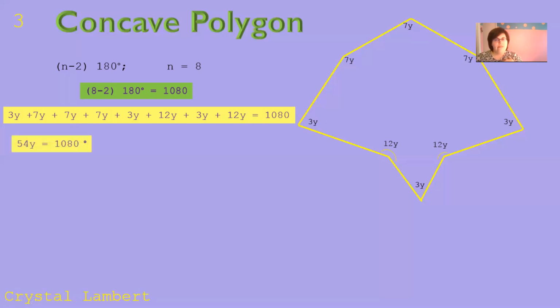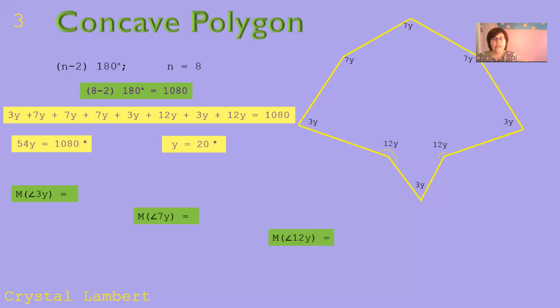we're going to get 54y. So that means we need to divide 54y by 54 to get y by itself. Whatever you do to the left, you do to the right. So we have to divide 1080 by 54, and that gives us y equals 20 degrees. So the next thing we need to do is now determine, okay, what is the measurement for each angle?